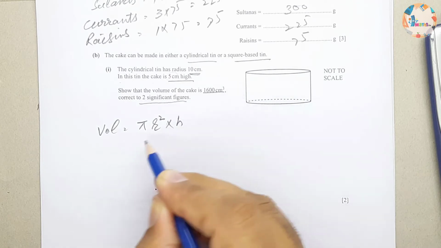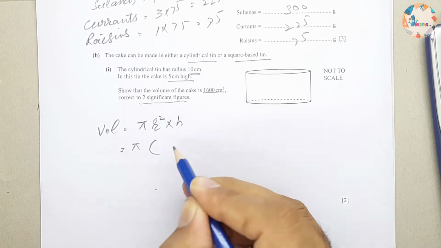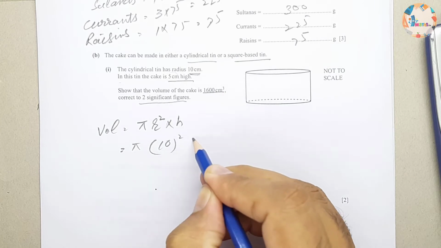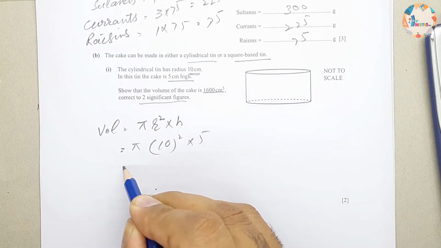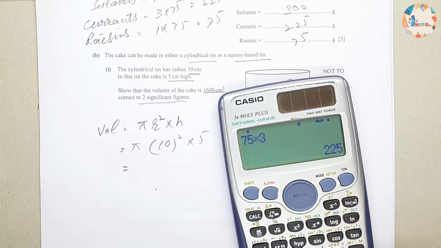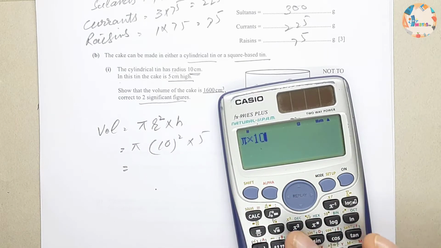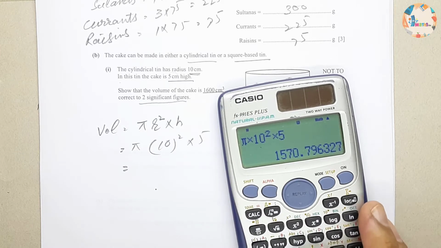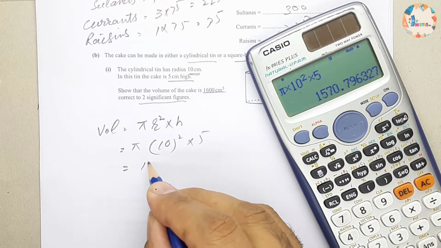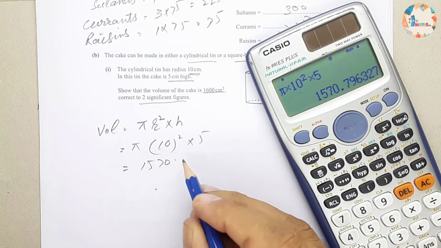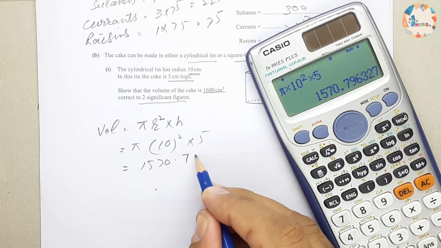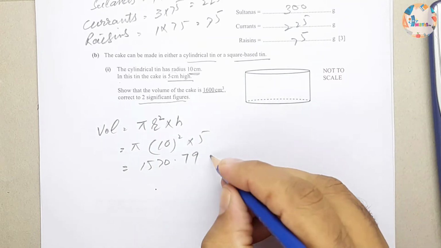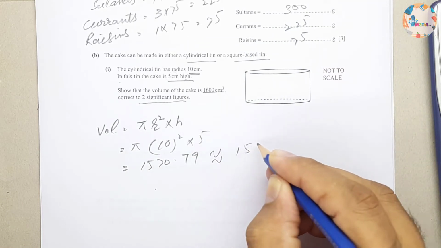Pi into radius 10, so 10 squared multiplied by 5, pi into 10 squared into 5, and this will be equal to 1570.79, or approximately we can write 1571.